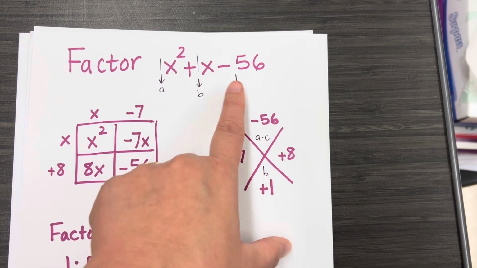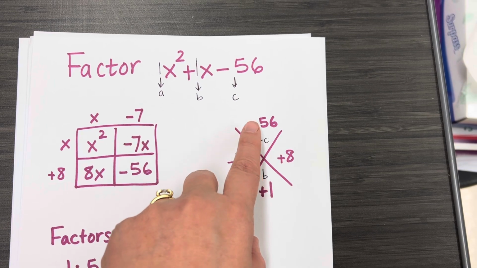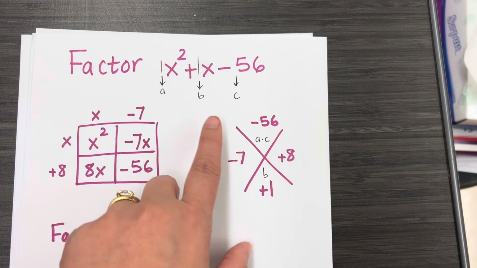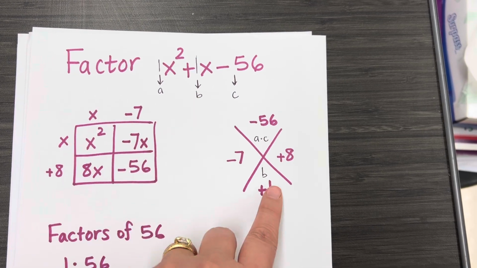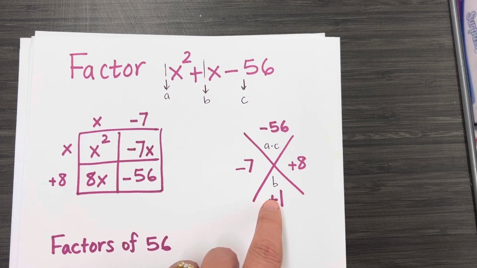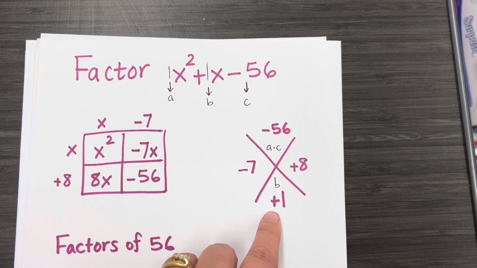So I multiply the values of a and c, and I put it in my attic. So negative 56 times 1 is just negative 56. And the value of b goes in the basement, positive 1.